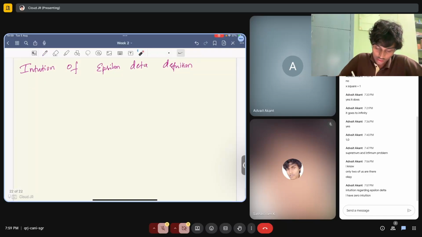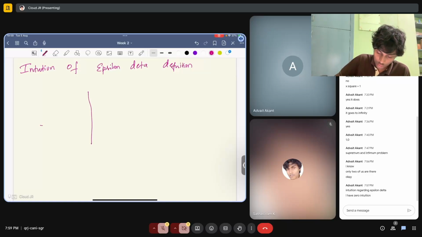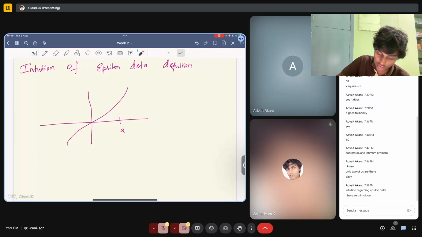I hope you understand intuitively what the epsilon, what the limit says. Basically, you have a function here. Let's say I just draw a function like this, and you have a point A. You are trying to see, if x approaches A, what happens to my function?